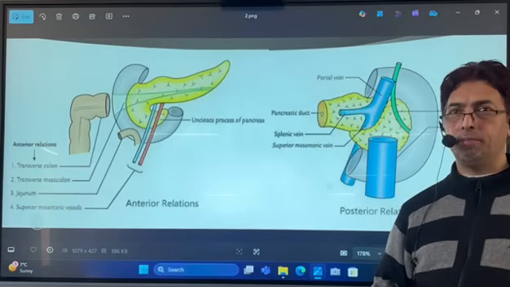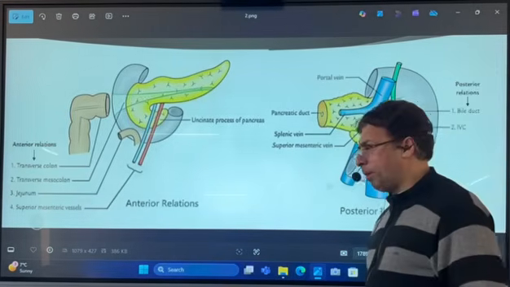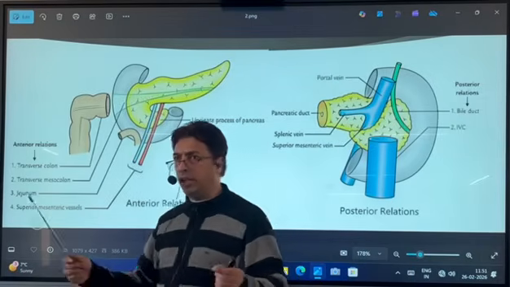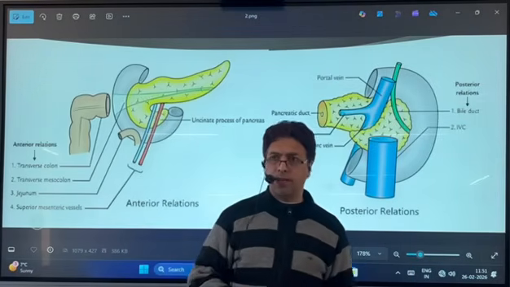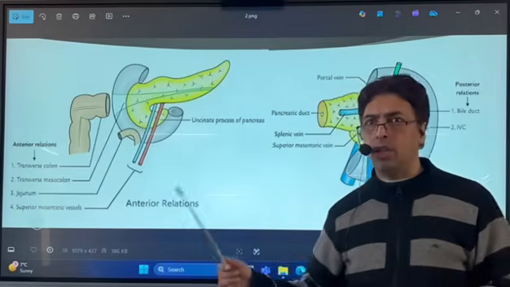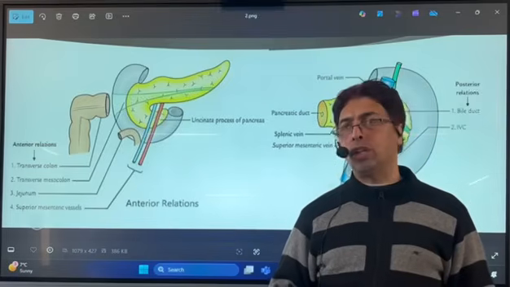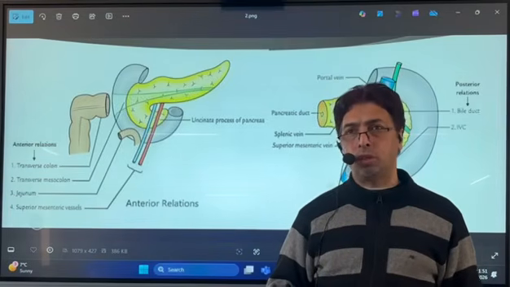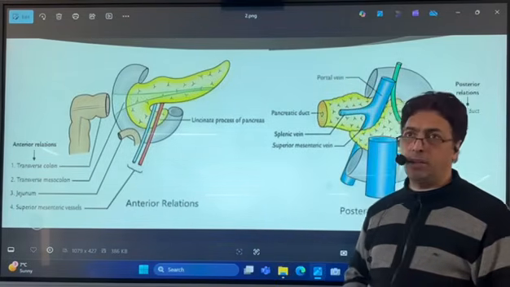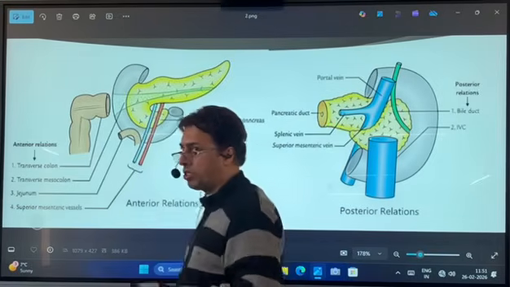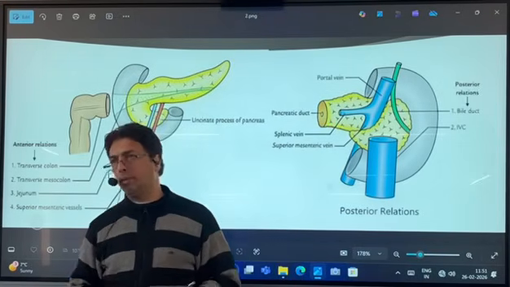Is it fine? Because I told you there are the superior mesenteric vessels, the abdominal aorta, and the portal vein, which form relations to different parts of the pancreas. Now, what is pancreatitis? Two things happen.